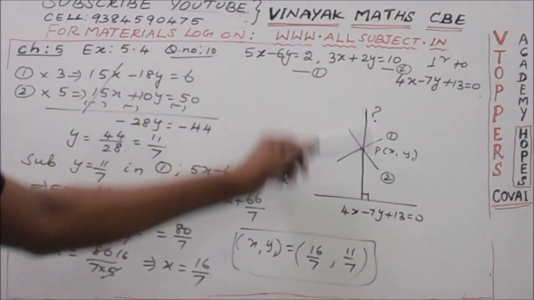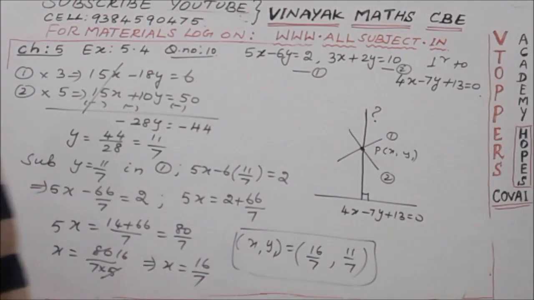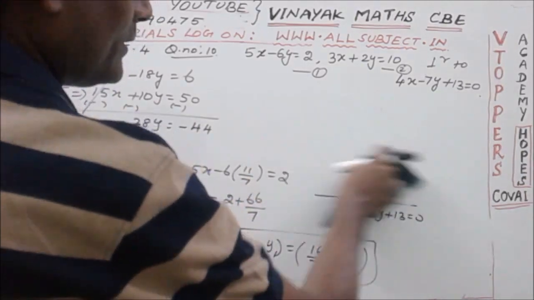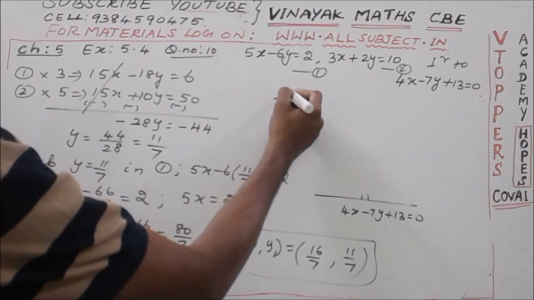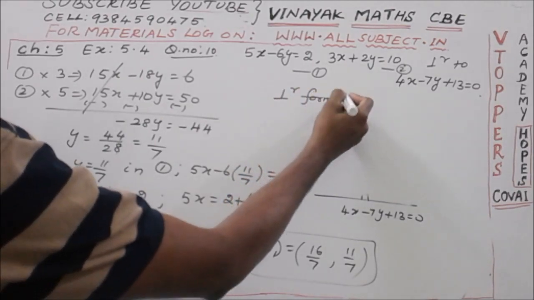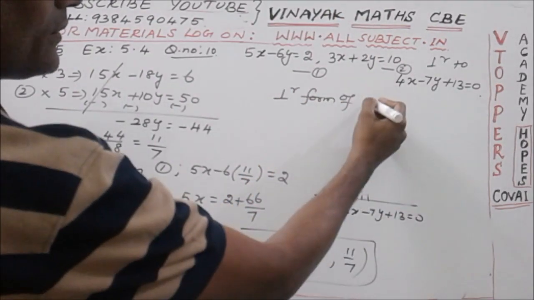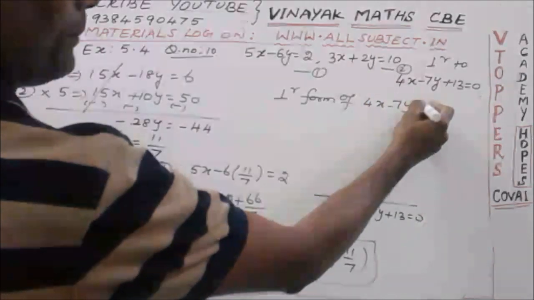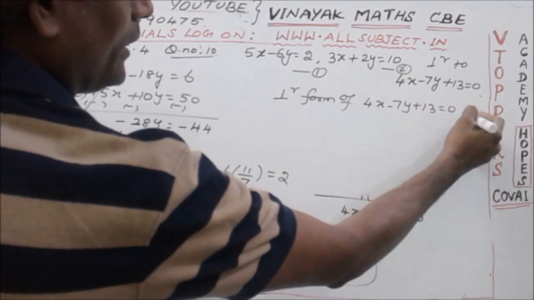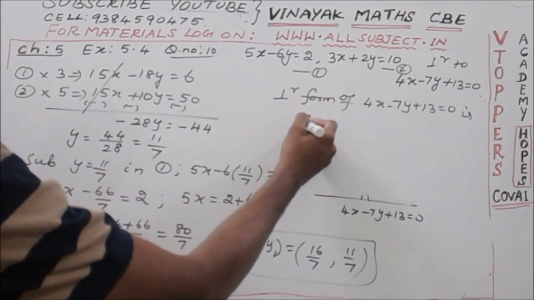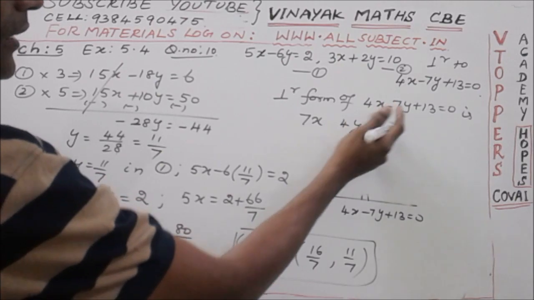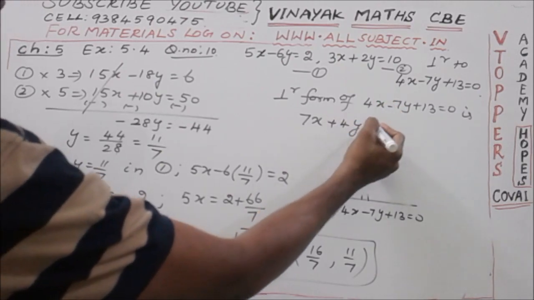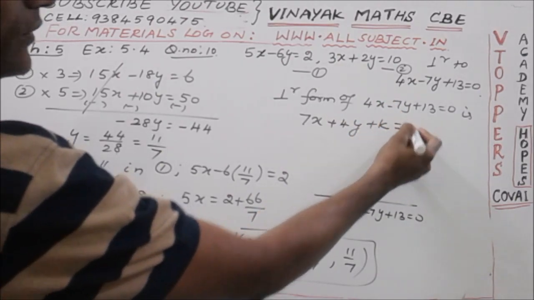Now this is perpendicular to 4x minus 7y plus 13. So the perpendicular form of 4x minus 7y plus 13 equal to 0 is: interchange the coefficients, 7x and 4y, change the sign of y, minus is changed to plus, and introduce a constant k equal to 0.